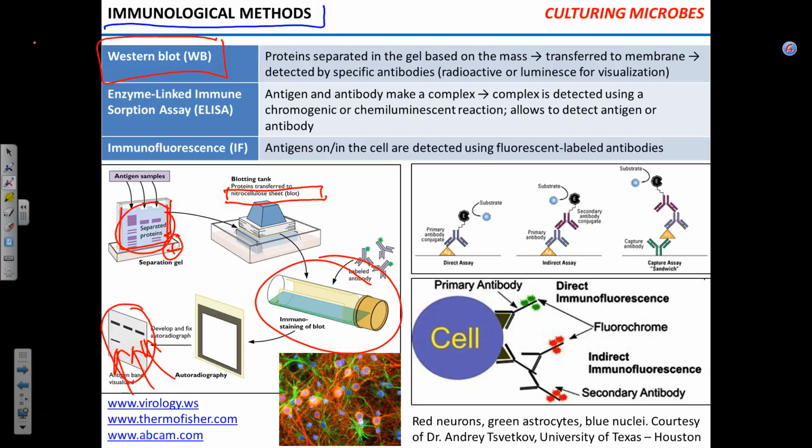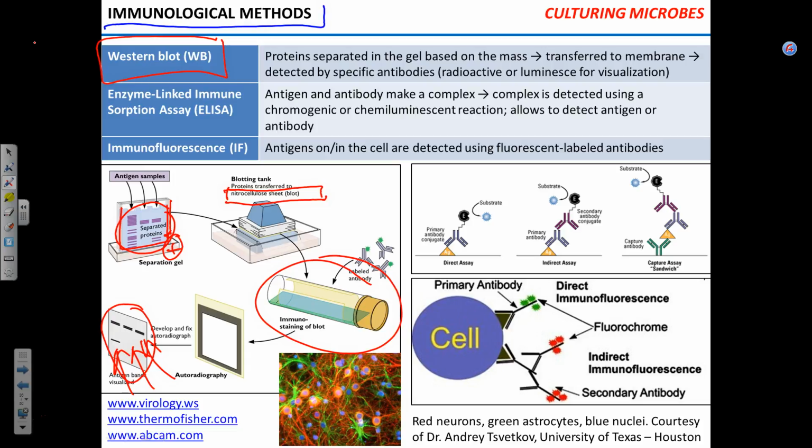Say I want to check for, I don't know, lactase in E. coli. So I have antibodies that can recognize only lactase. Right? I add it to the paper. If there is lactase, they will stick.